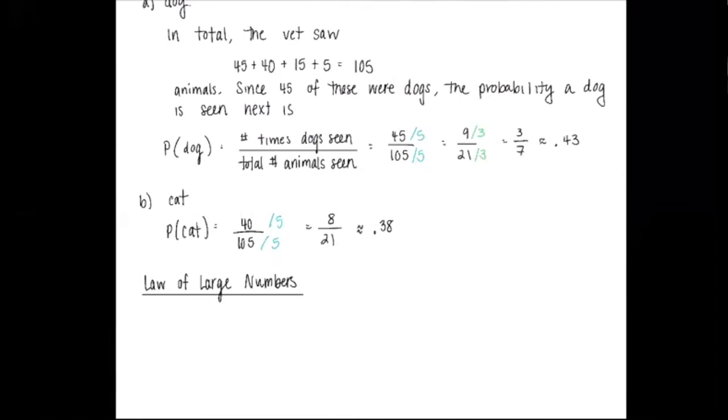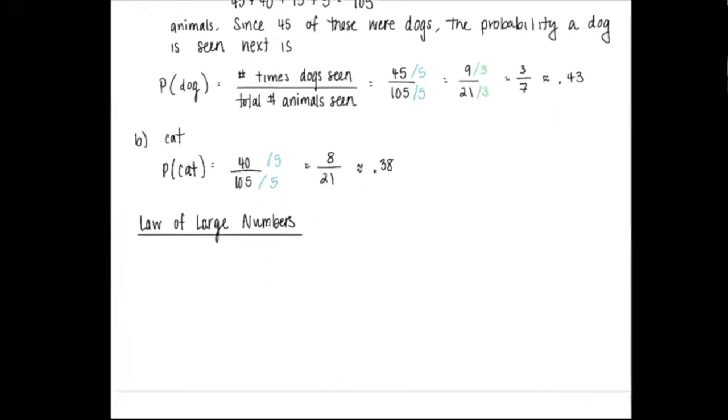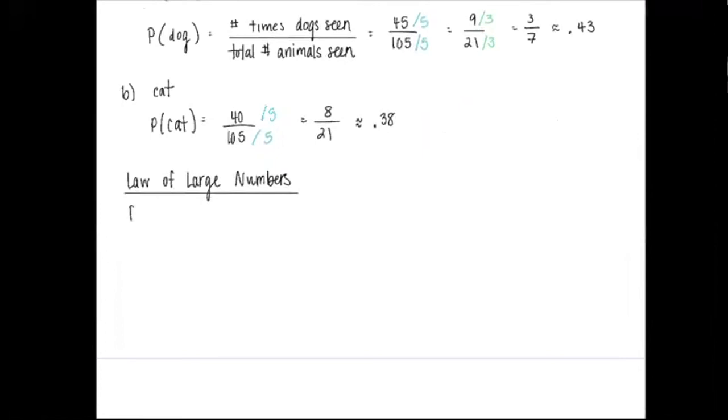So my chance of getting a 5 is 1 in 6. But if I actually roll a die, I might not get it for a while. Okay? So what this ultimately states is probability statements apply in practice to a large number of trials.